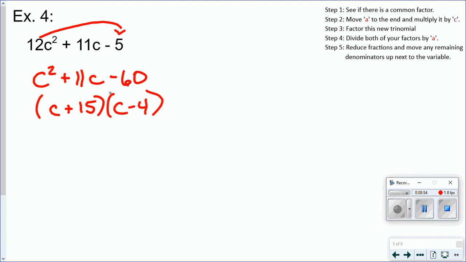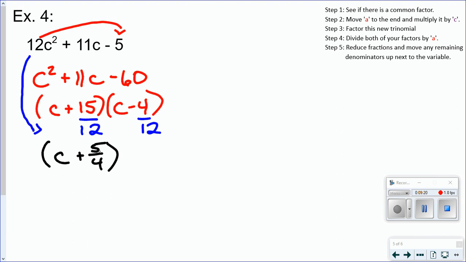All right, so now we're going to bring our 12 down. Bring the 12 down here, divide. Go ahead and simplify these. So these you can divide both of these by 3, right? So that would give us c plus 5/4 times c minus 1/3.